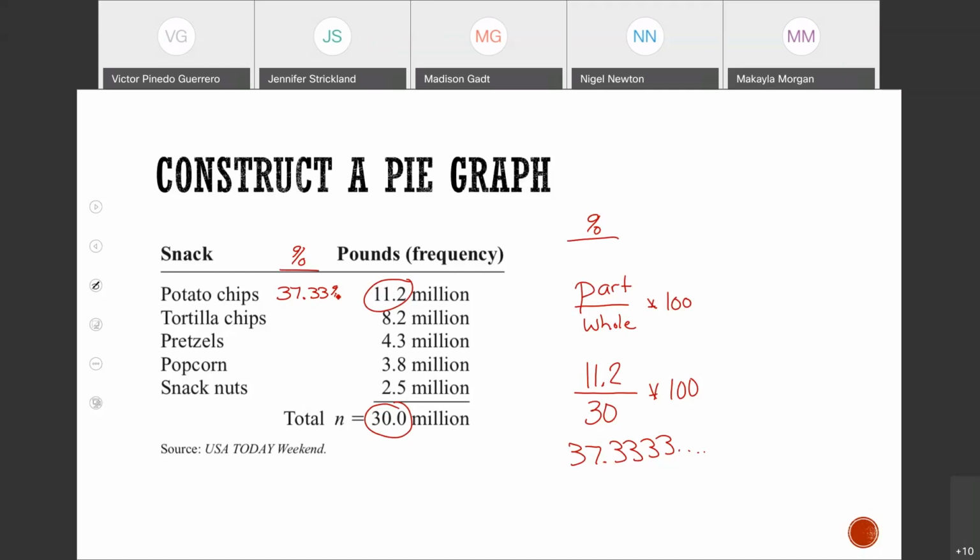All right, and we're going to do the same thing for the other ones. All right, so if we move to the tortilla chips, then we're going to be putting in for the part, we'll put in that 8.2 on the top, divide it by 30, multiply by 100. All right, and I get 27.33.